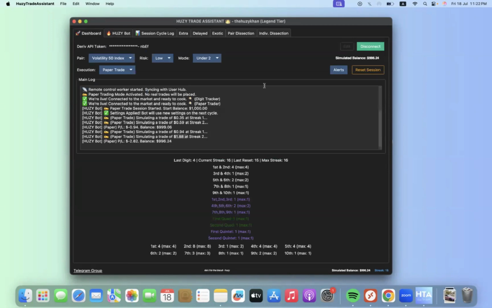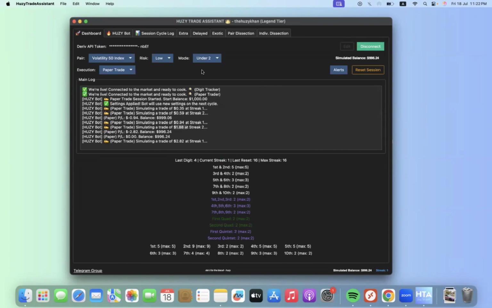So when you change the multiplier, you need to ask yourself: which mode am I trading on? Am I trading on under 2, under 4, over 5, under 3? What is it? And what is the payout percentage which I'm gonna be getting from it? For under 2, I think it's 372% which you can make.